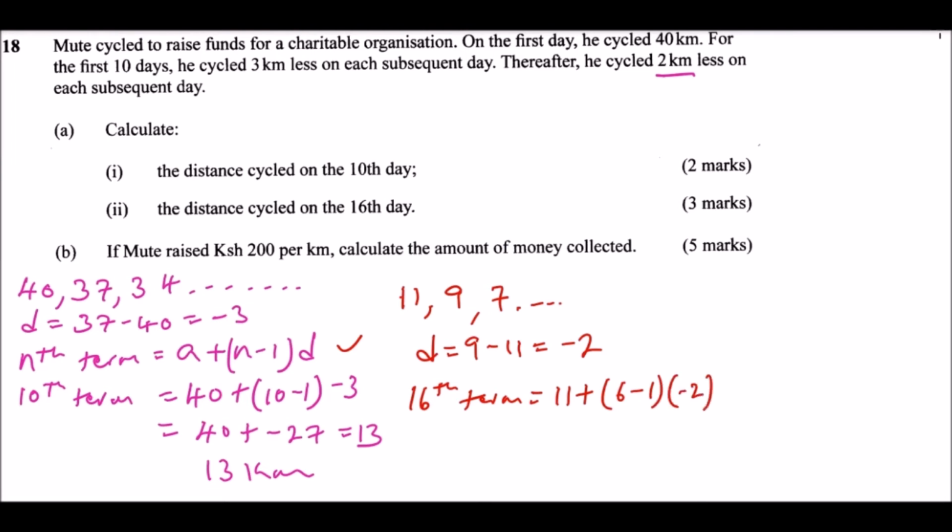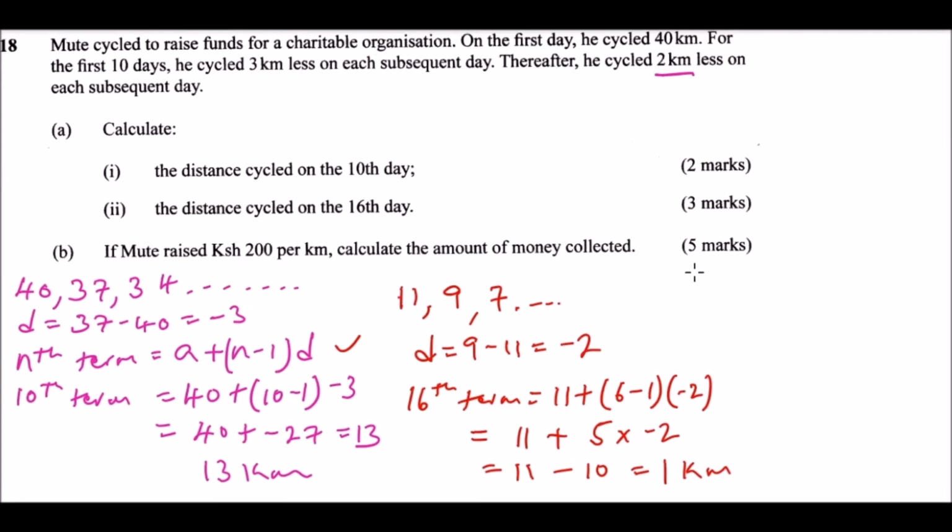So that will give you the 6th term, which is equal to 11 plus 5 multiplied by minus 2. This is 11 minus 10, which is equal to 1. So it means on the 16th day, Mute cycled only 1 kilometer.